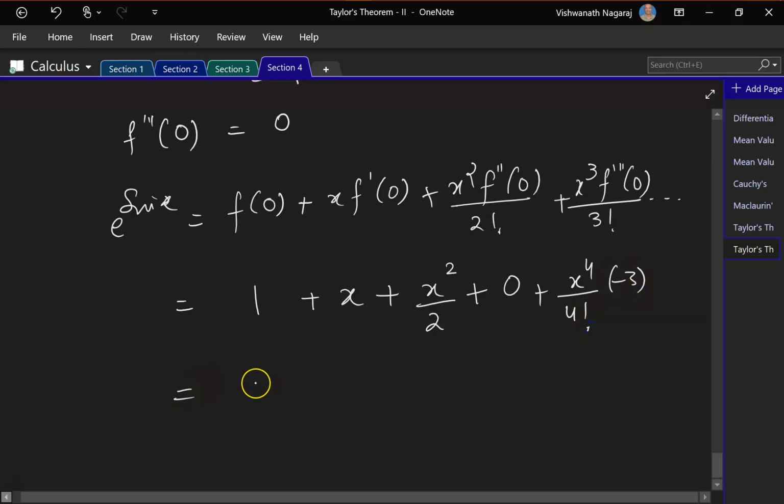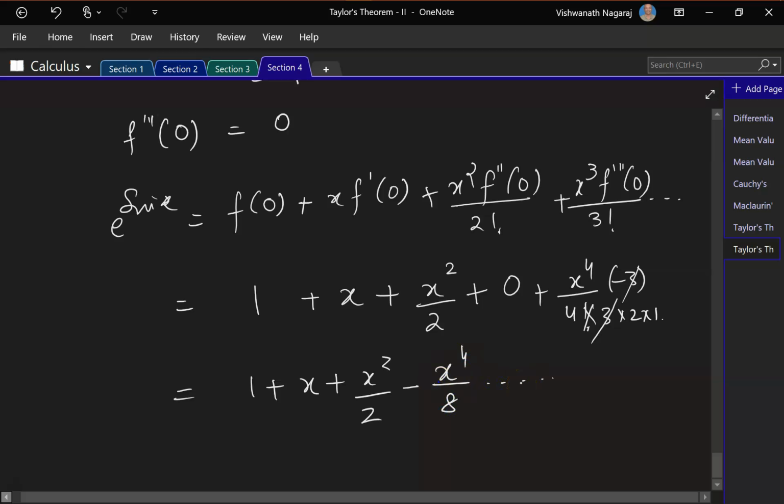So this would be 1 plus x square by 2 minus, now here 4 times 3 times 2 times 1, right? So this 3 and 3 will get cancelled. So 4 2's are 8. So x to the power of 4 by 8.